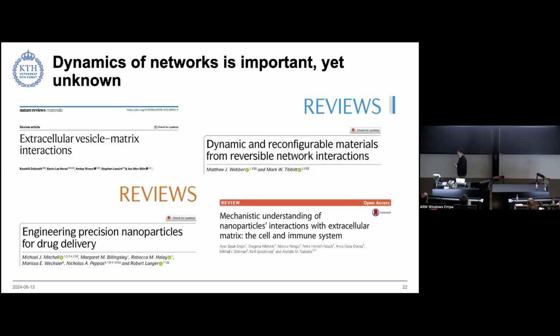So at this point, we thought that since we have the system, maybe it's better to make it more complex and make the best use of it. So we added charge, and if we look into the literature, there are so many questions that are still unanswered related to fibrous networks and different applications.